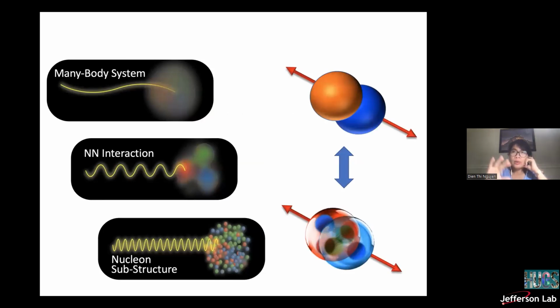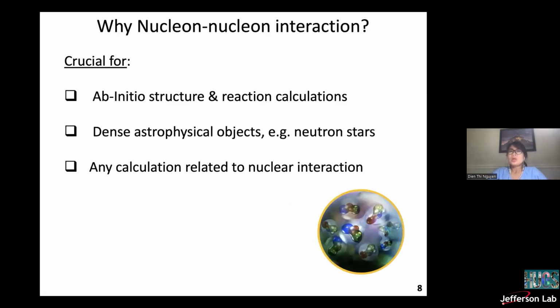So when I discussed why SRC is very important, I already mentioned that we need to study SRC across different scales. It means that in the many-body system, that is what we discussed yesterday. So today we will go one level deeper, to the NN interaction. So why do we care about this NN interaction?